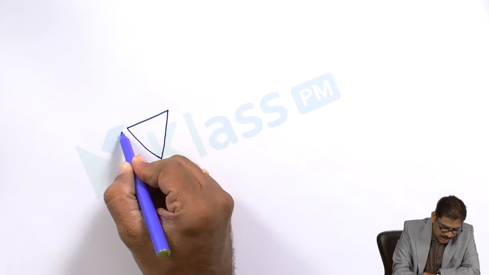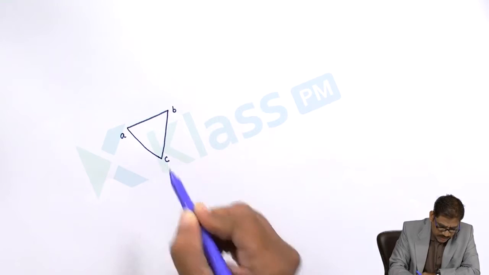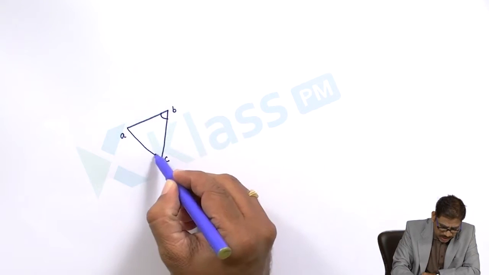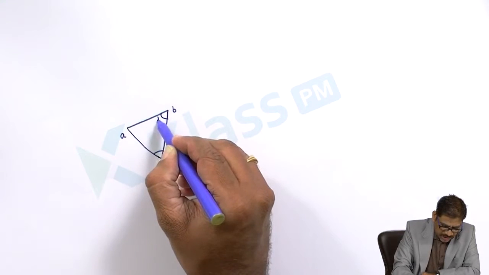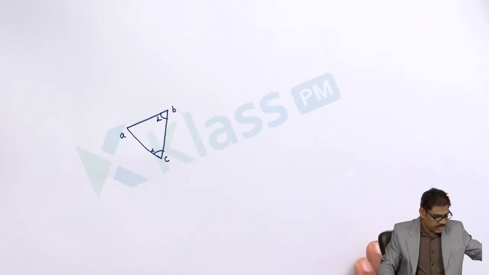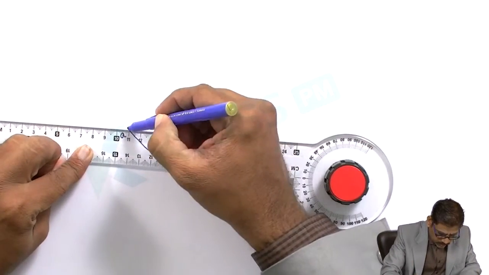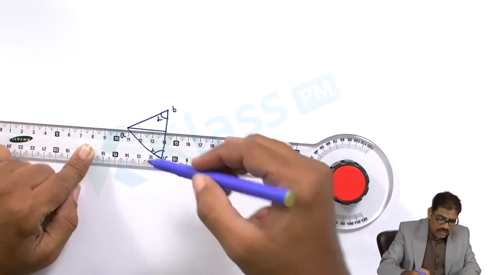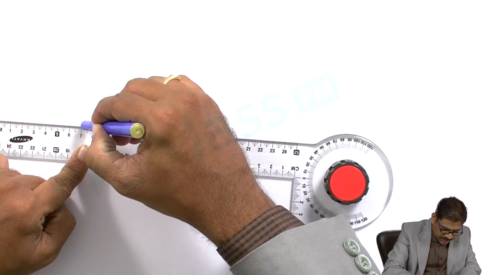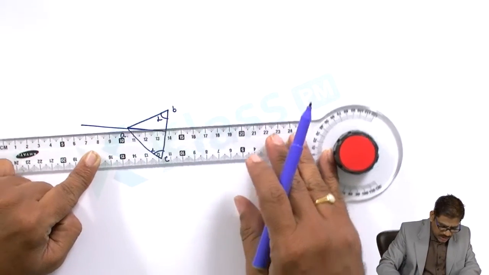This is A, this is B, this is C. These are the acute angles which we are writing as alpha. We said it is drawn with reference to a single prism, right? Now let us construct such a case over here.